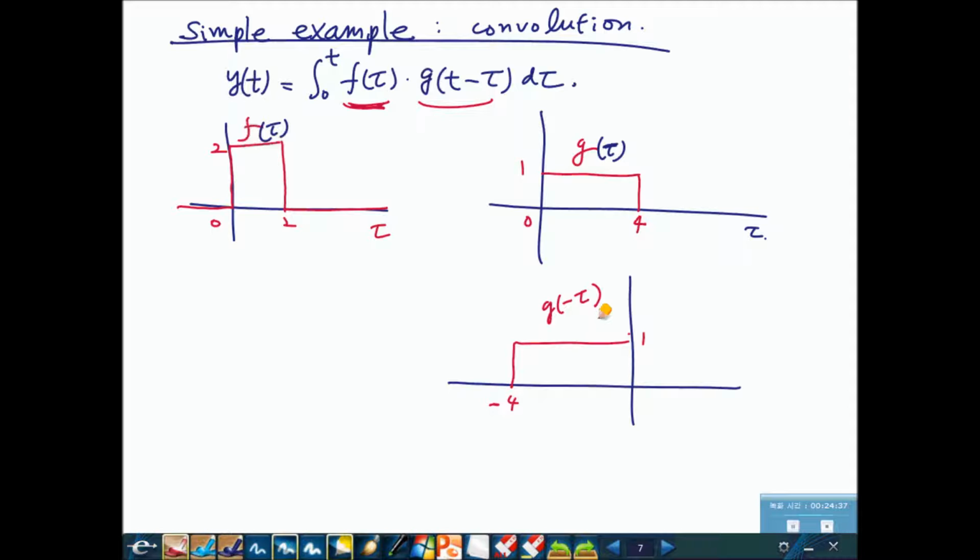And if you take g of t minus tau, then it becomes this. G of t minus tau. This is tau. This is t minus 4. Correct?